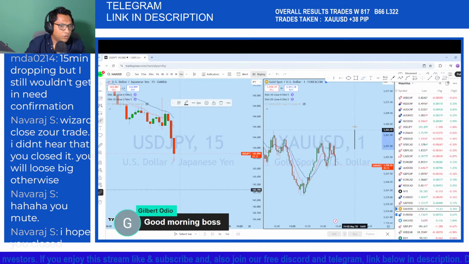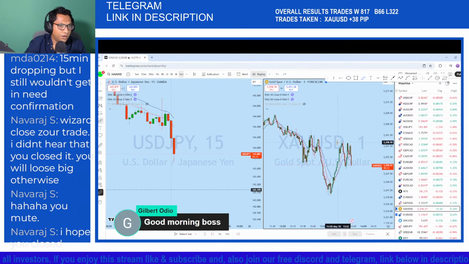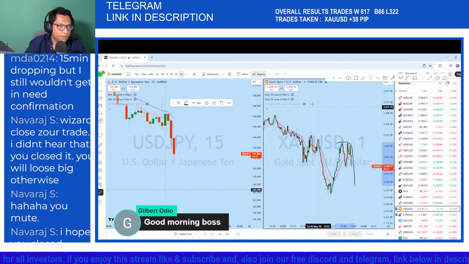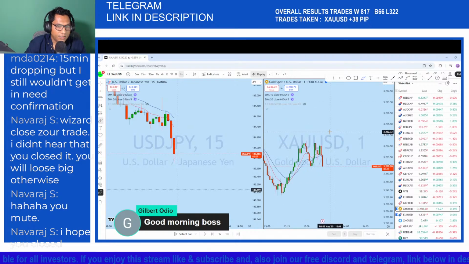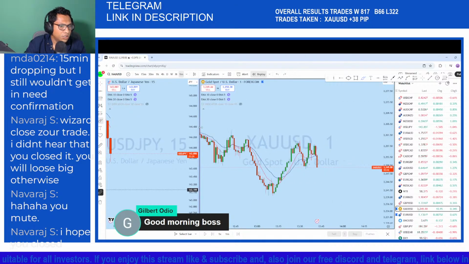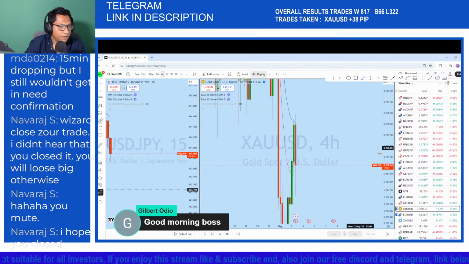Alright, so with that on XAUUSD, after forming a sharp pattern here, it's coming back down as the 4-hour candle closes here.